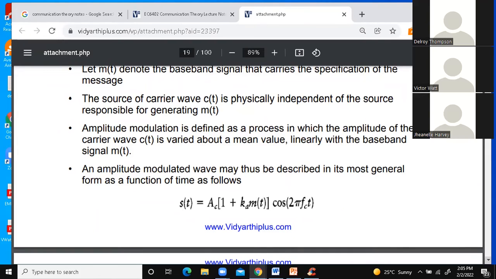So the transmitted signal s(t), right, would be a combination of the carrier signal and the information signal.